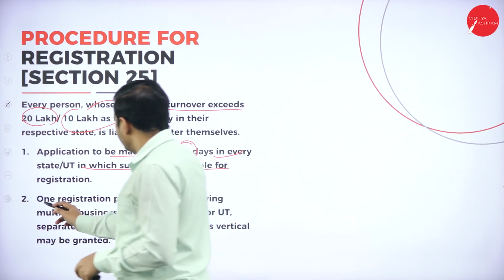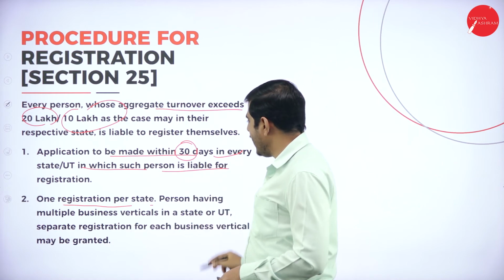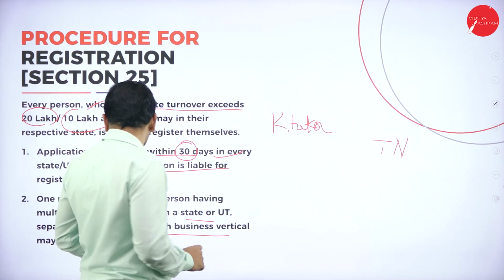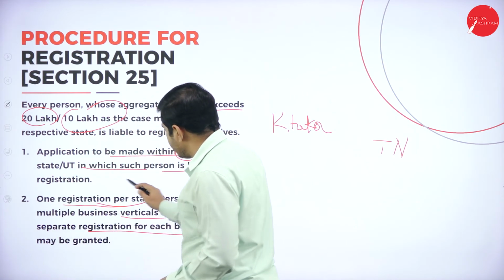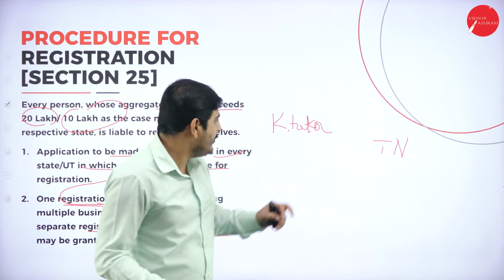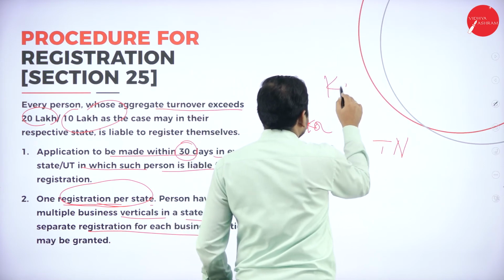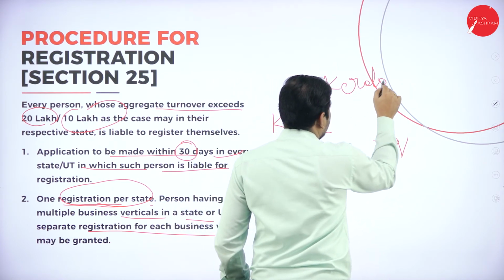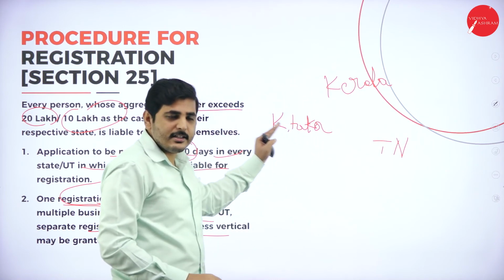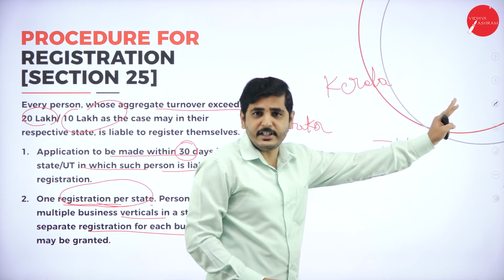Next point, one registration per state for a person having multiple businesses. Every person has to get a separate registration for every different state. If I am doing business in Karnataka, Tamil Nadu and Kerala, I have to get registered separately in Karnataka, separately in Tamil Nadu and separately in Kerala.